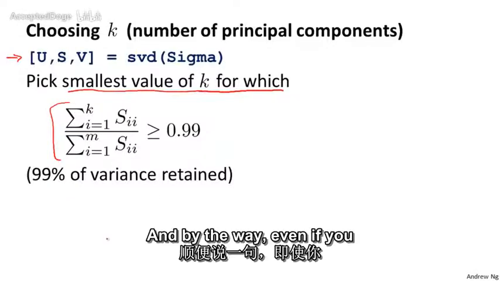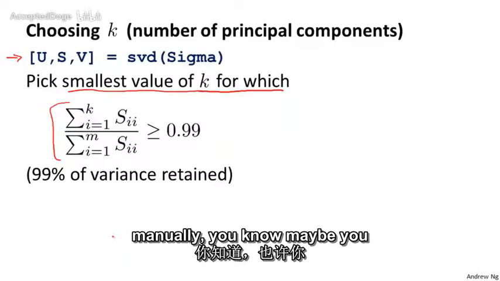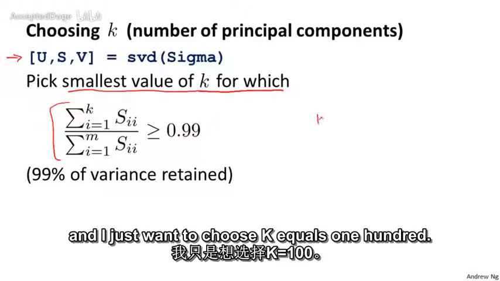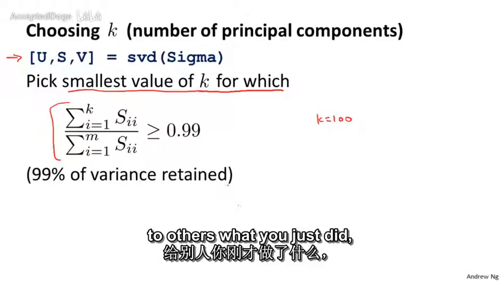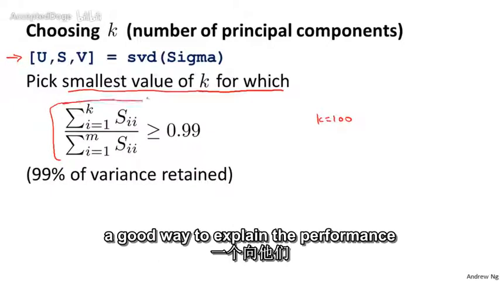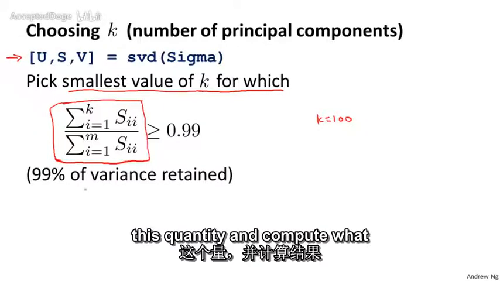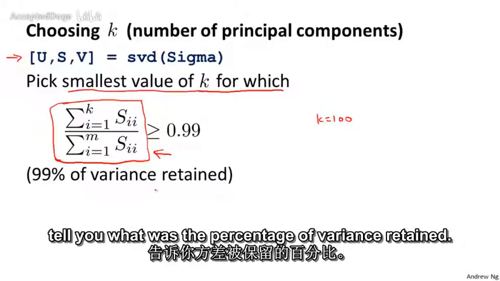By the way, even if you were to pick the value of k manually, maybe I have 1,000-dimensional data and I just want to choose k equals 100, then if you want to explain to others what you did, a good way to explain the performance of your implementation of PCA is to compute this quantity, and that will tell you the percentage of variance retained.